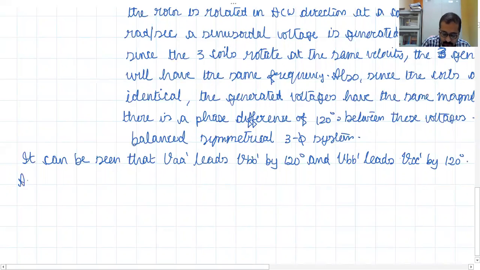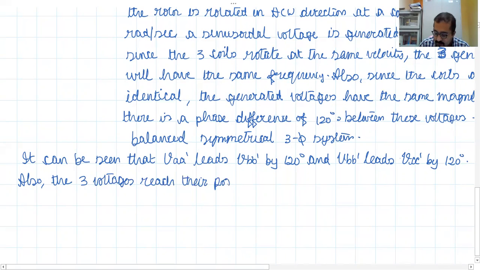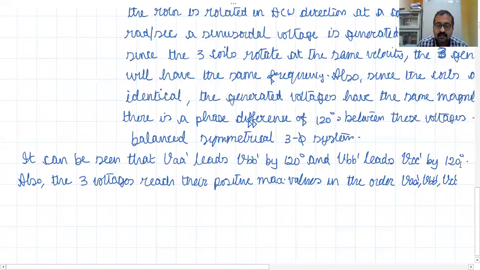Also, the three voltages reach their positive maximum values in the order VA dash, VB dash, VCC dash. Is that clear?